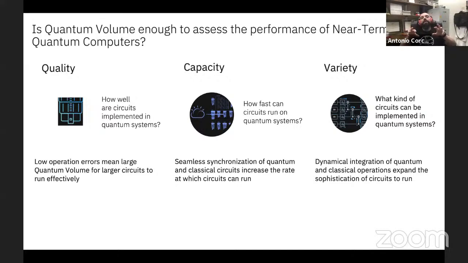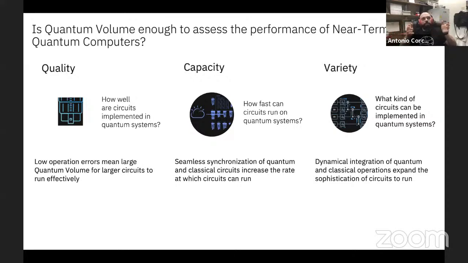But there is more than that, because you can imagine that if you had a perfect quantum computer but it runs very slowly, if you can only run n circuits per hour versus 1,000x circuits per hour, that is something to take into account in performance of quantum computers, but also variety.